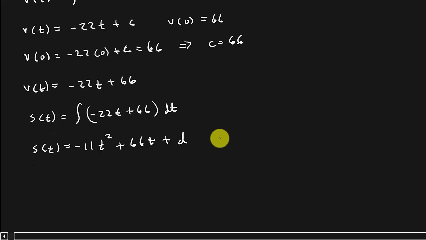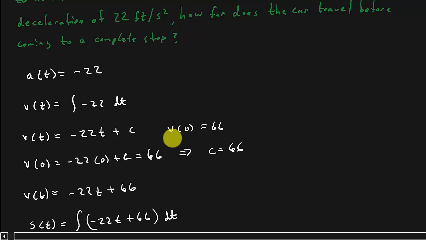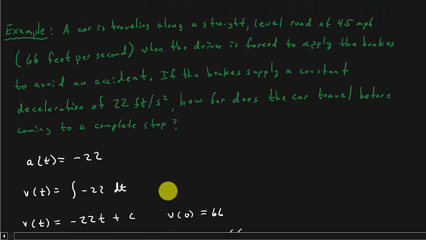All right, so now let's look at this. We've got S of 0. Let's think about this. Right when he applies the brakes, that very moment in time, how far has he gone before he started stopping? Well, 0 feet, right?